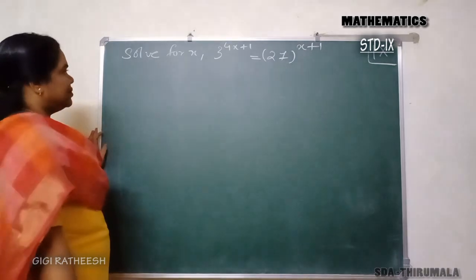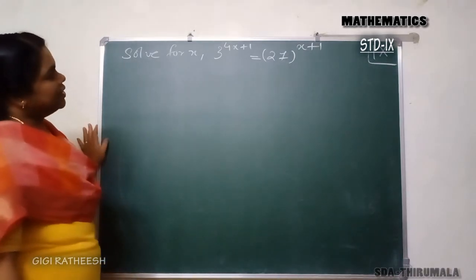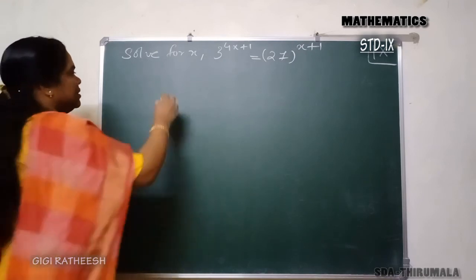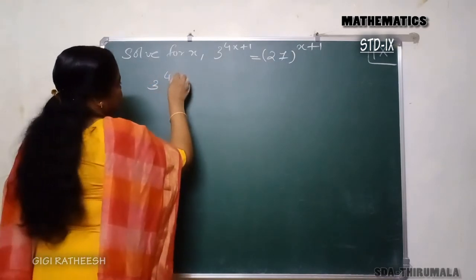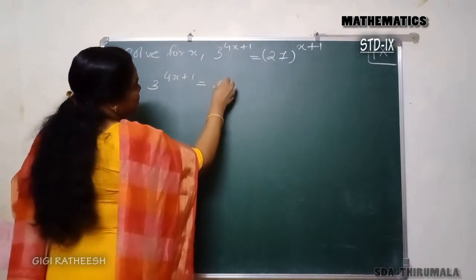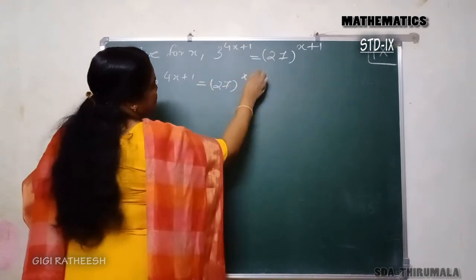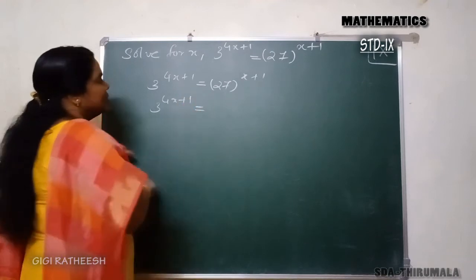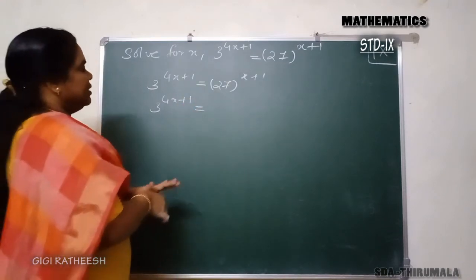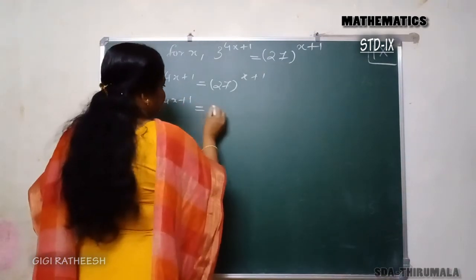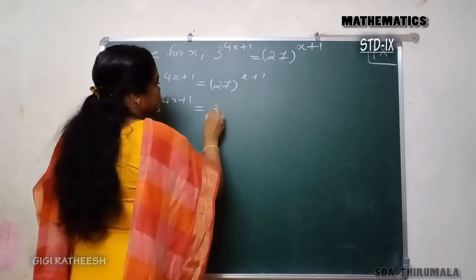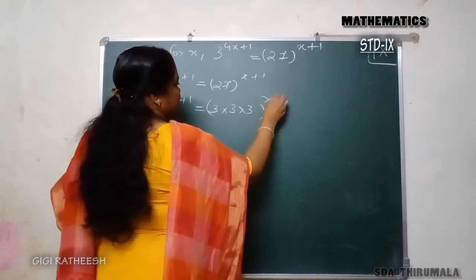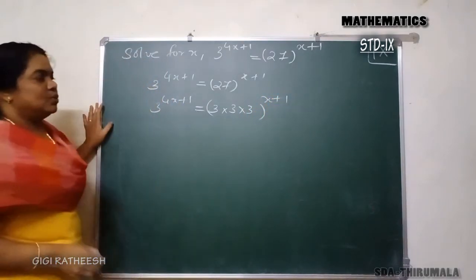Next question is solve for x. The question is 3 raised to 4x plus 1 is equal to 27 raised to x plus 1. 27 can be written using the prime factorization method as 3 into 3 into 3, the whole raised to x plus 1.